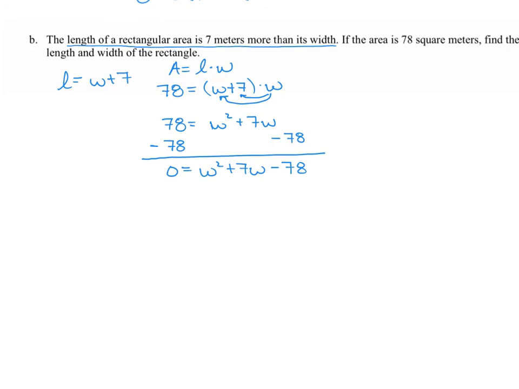All right, we want to go ahead and factor this. Now, personally, for me, it is almost 4 o'clock in the morning, so I'm going to go ahead and do this the longhand way. I want to figure out things that multiply to 78. So we have 1 and 78, 2 and 39, 3 and 26. 4 does not go into 78.